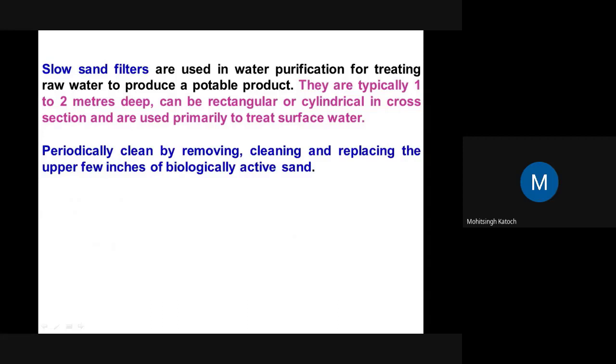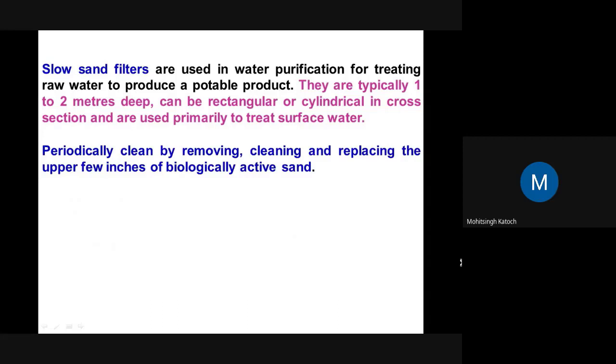So if the sand surface is around 50 to 60 centimeter, only first few centimeters are scrapped and removed. If new sand is available, it is replaced. If it is difficult to find new sand, that scrapped sand is cleaned, dried, and then again placed in its original place. So in this way, cleaning and working of slow sand filters is achieved.